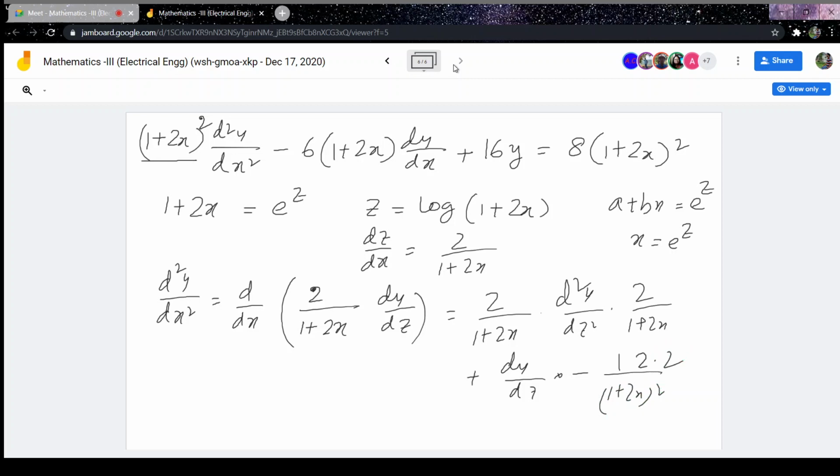Okay, so I can simplify this as 4 (1 plus 2x) whole square d2y dz square minus dy dz.